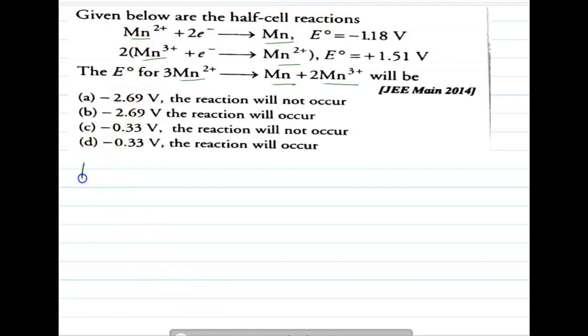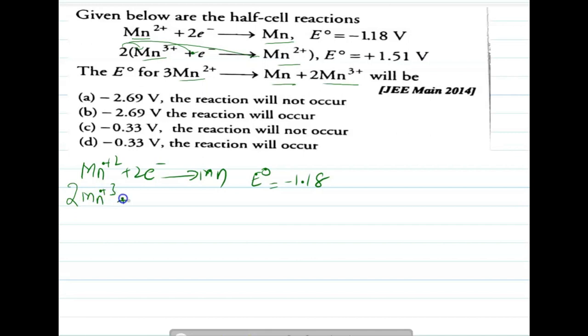First, Mn plus 2 plus 2 electrons gives rise to Mn. E naught is given as minus 1.18. Again let's multiply and write: 2 into Mn plus 3 plus 2 electrons gives rise to 2 Mn plus 2. I am multiplying it by 2 and writing it.